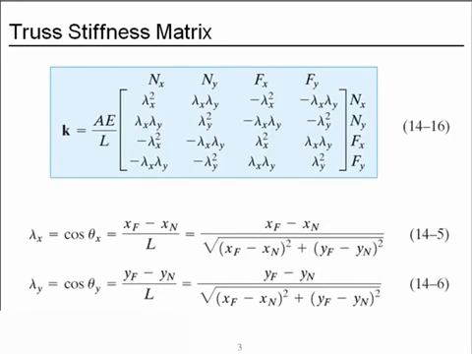The terms lambda x and lambda y are directional cosines, which can be calculated according to equations 14.5 and 14.6. So keep equation 14-16 handy as we begin to calculate the member stiffness for each of the 5 members.